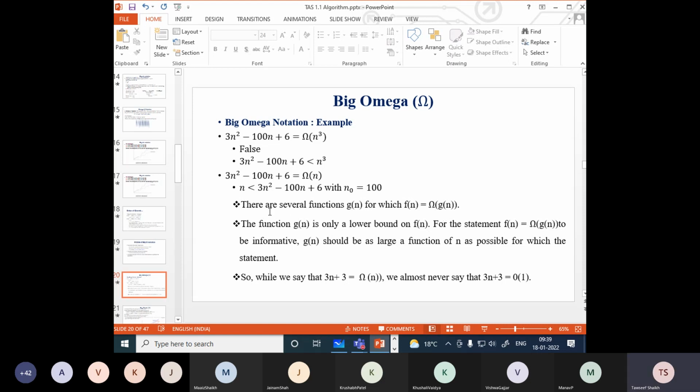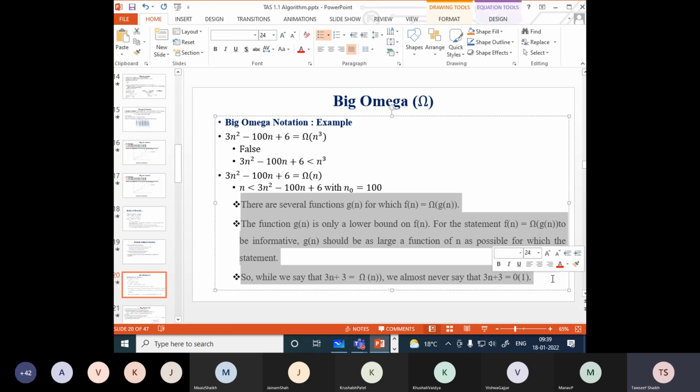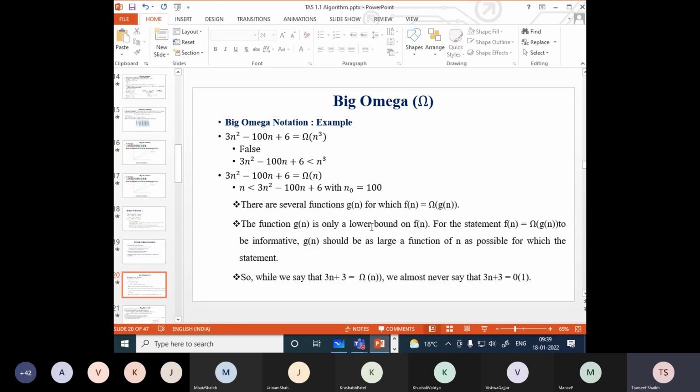So this is what I actually want to convey. There will be several functions, like in the case of big O, where there were many functions that satisfied the condition f of n less than or equal to c into g of n. In the same way, there could be several functions g of n which will satisfy the condition that c into g of n is less than or equal to f of n.